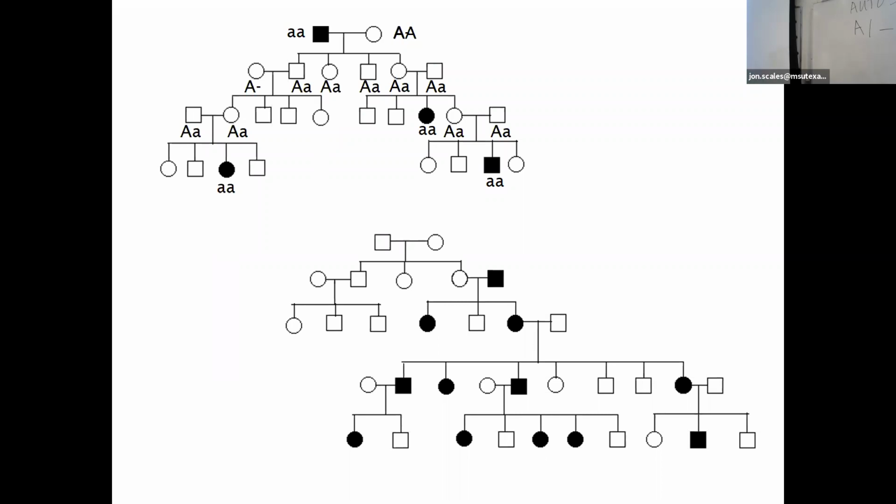So for males, we can think about their genotypes. Males have an X and a Y. Females have 2 X's. She's not affected.